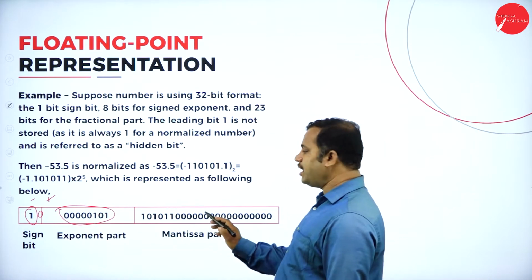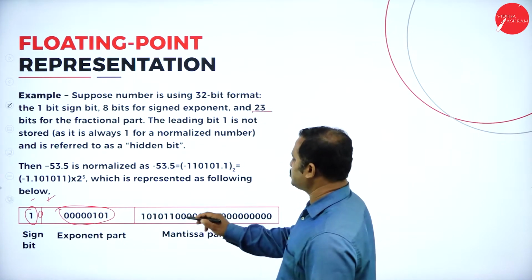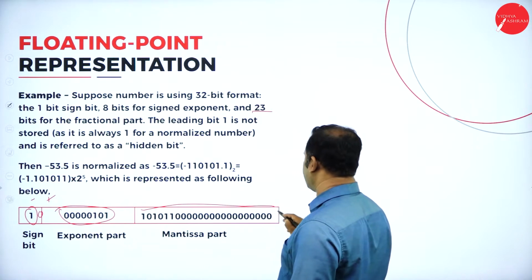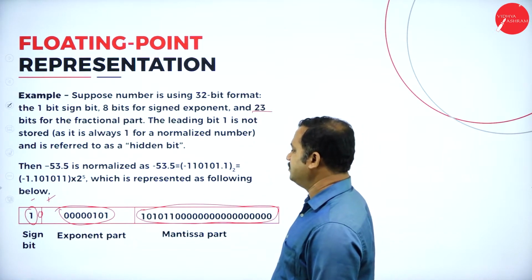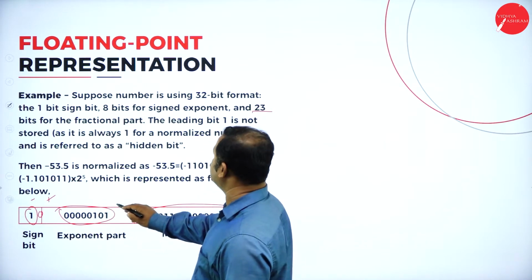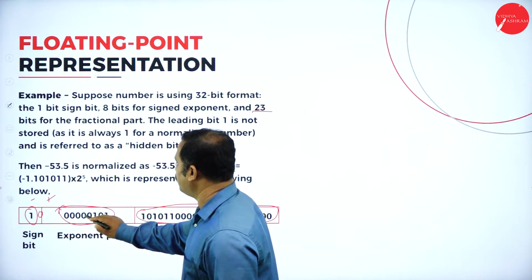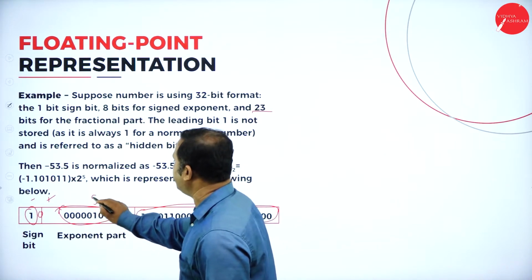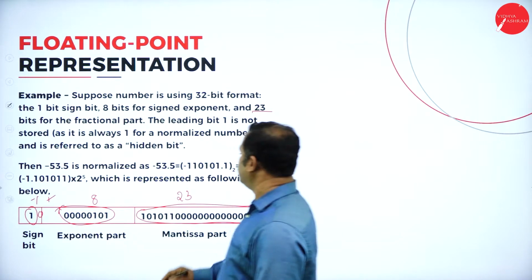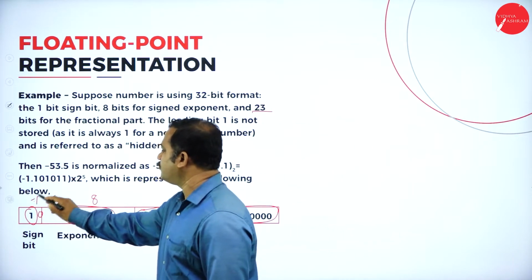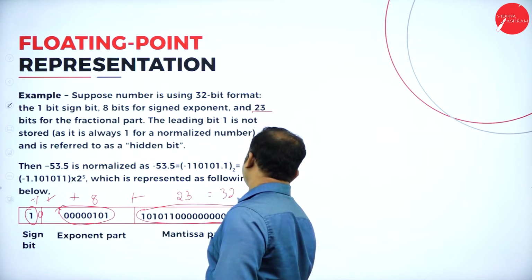In the mantissa part, we have 23 digits, that is 23 bit positions like this. This is the mantissa in case of the 32-bit format. And what is the length of this? 1, 2, 3, 4, 5, 6, 7, 8. 8 bits. This is 23 bits and this is 1 bit. So 23 plus 1, 24. 24 plus 8 is equal to the 32-bit format.